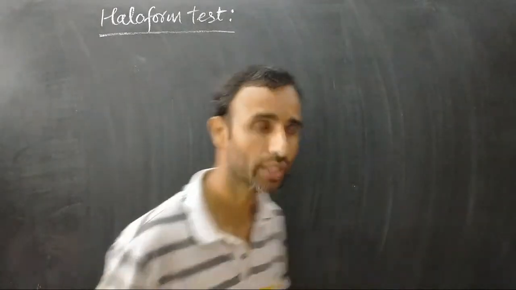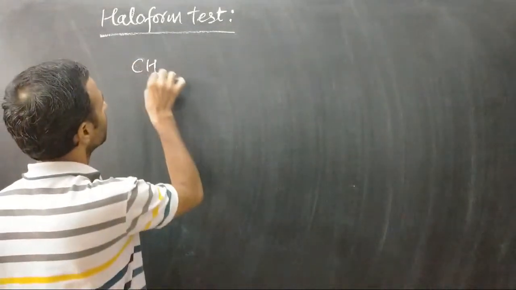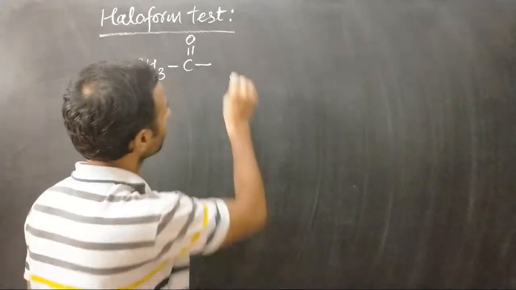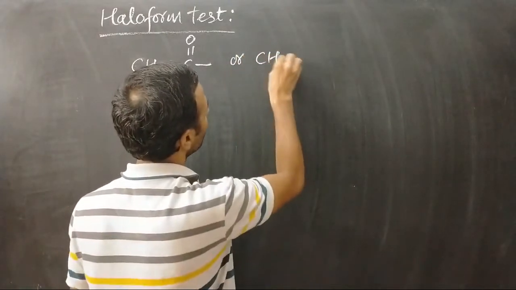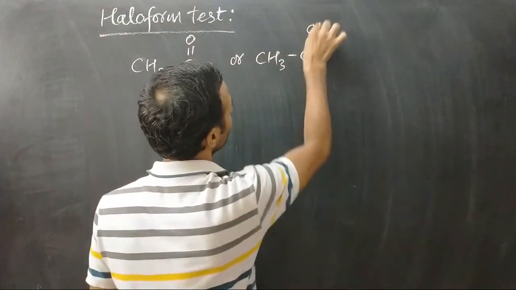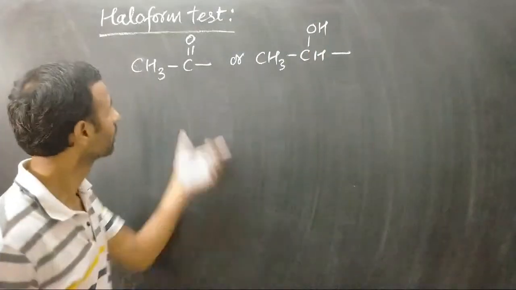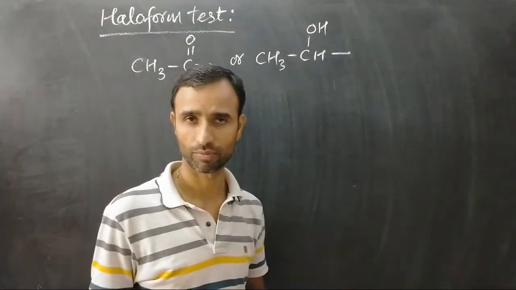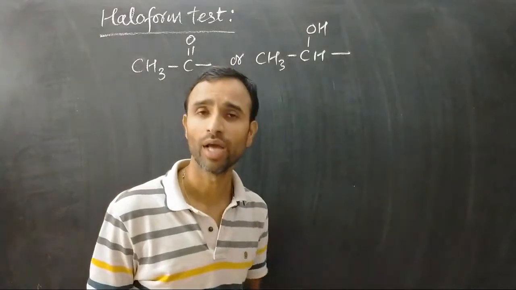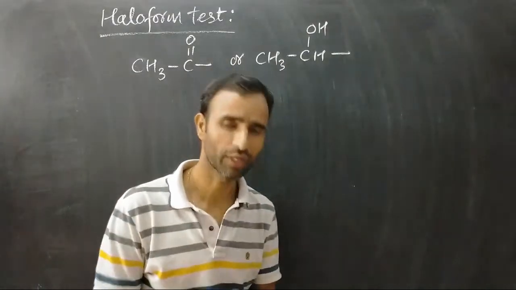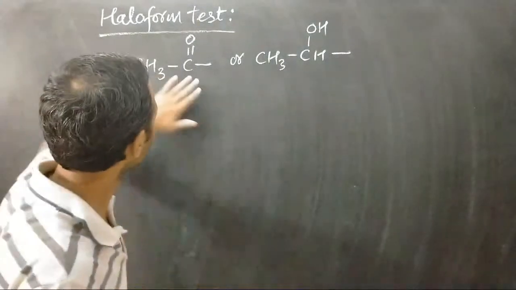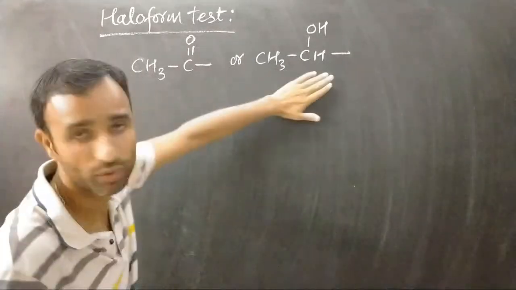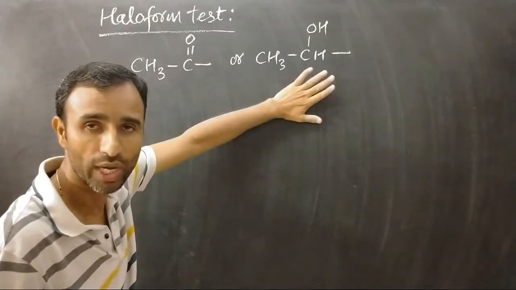This test is given by compounds having CH3 C double bond O group, or a compound which has a group that gives this group on oxidation. So either the compound has CH3CO group or CH3CHOH group. I think haloform test we have done in alcohol, phenol, ether as well, but we will do it once again. So the compounds having either of these two will undergo haloform test.